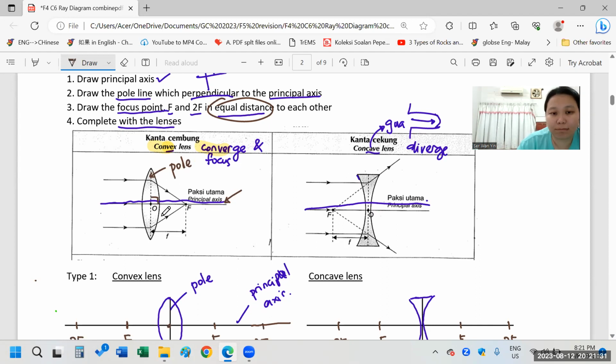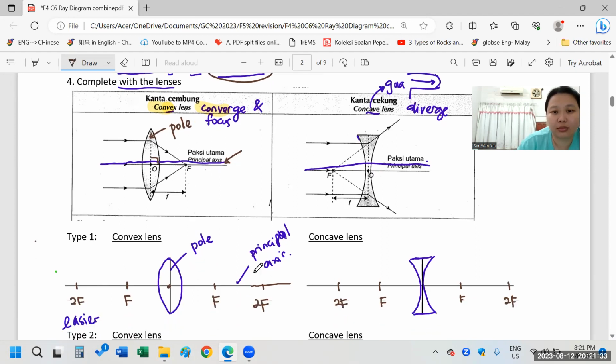Right? Now here, it's a must to remember. Principal axis means the horizontal line.